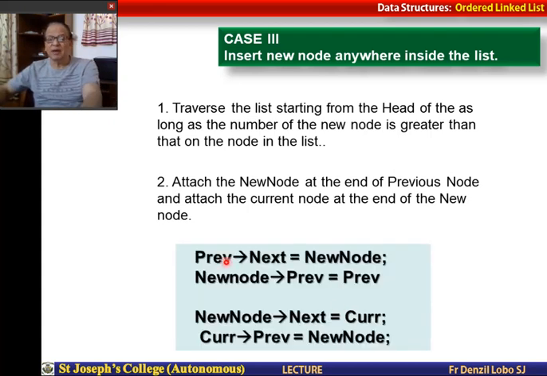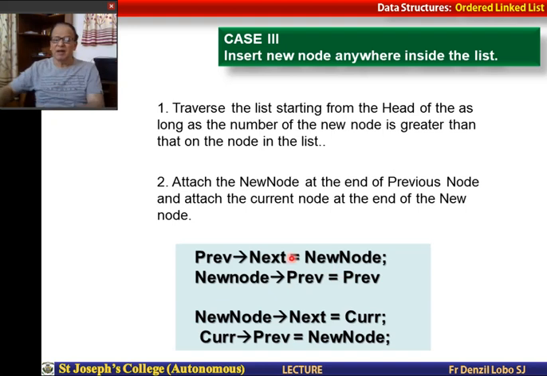How do I do that? I say previous next is equal to new node. That means I am linking new node to previous next. Earlier previous next was pointing to current. That is done. Then I have to link the new node to the previous node, so new node previous equal to previous, the address of the previous node.